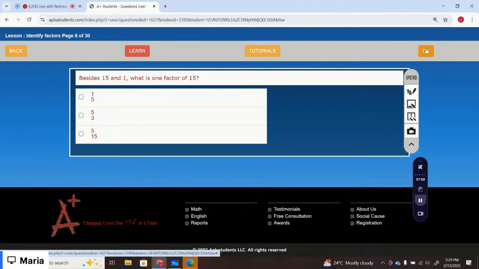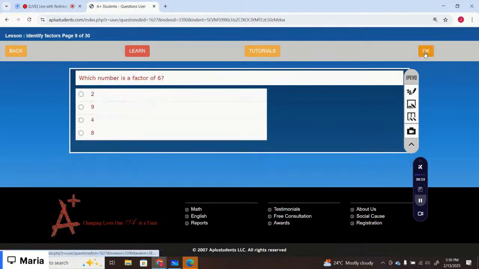Which is the correct option? Five and three. Option number two is the correct option.